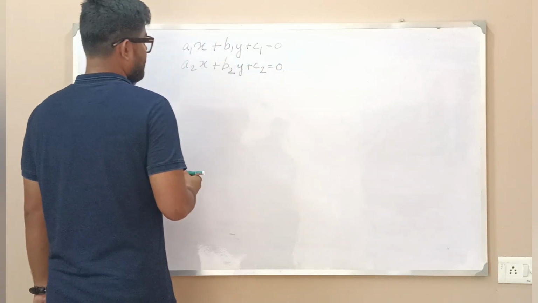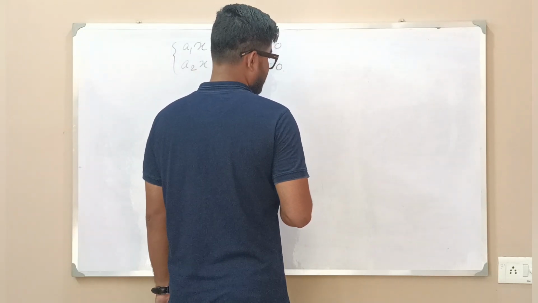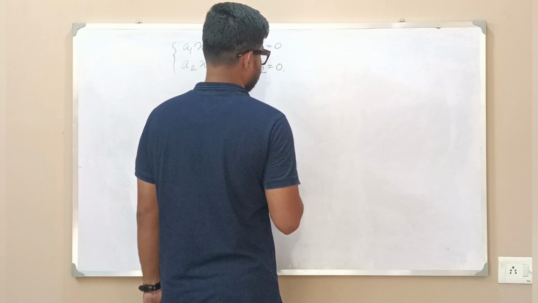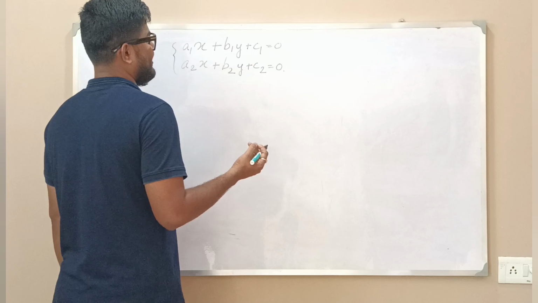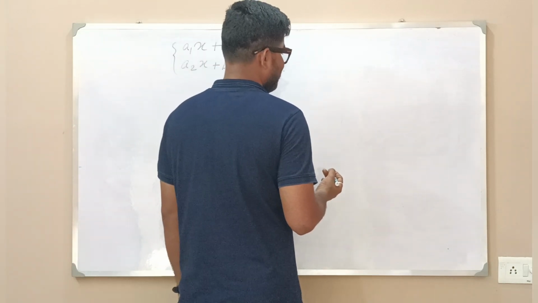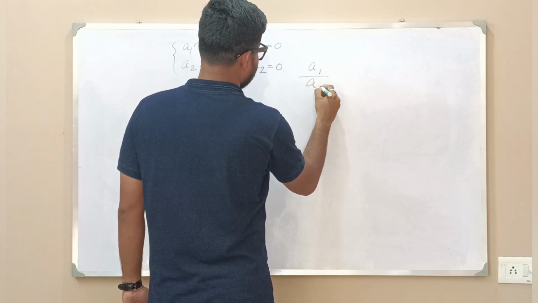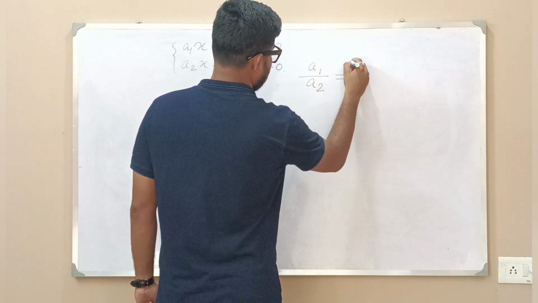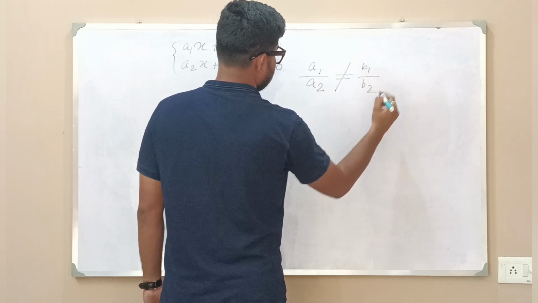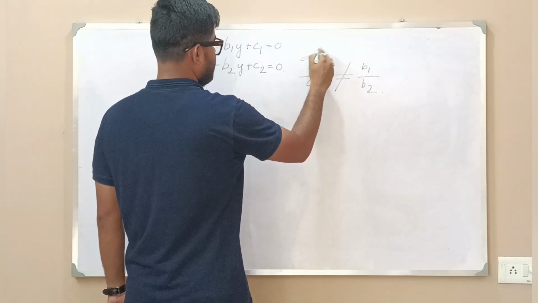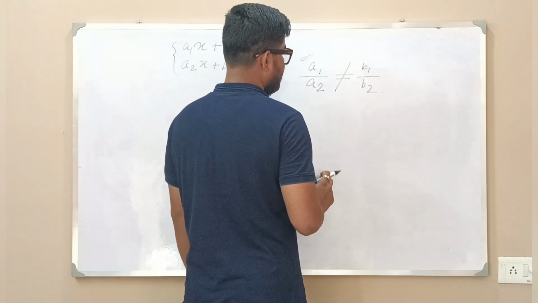From this part, the solution will be unique and consistent if a1 by a2 not equals to b1 by b2. So this condition should be satisfied for unique solution and consistency.